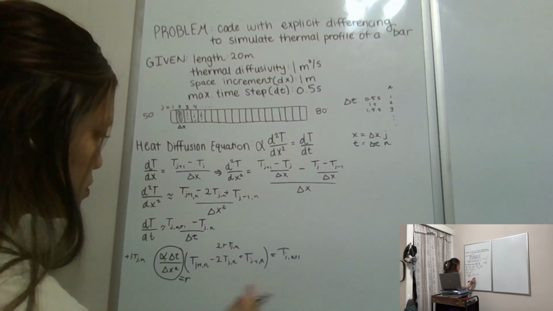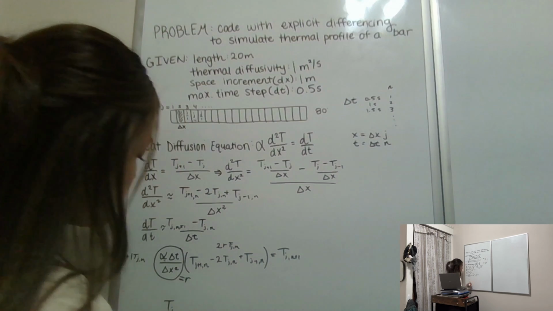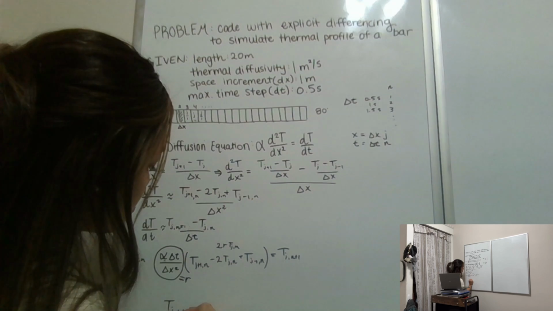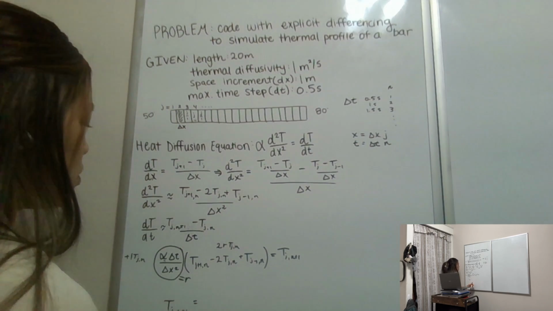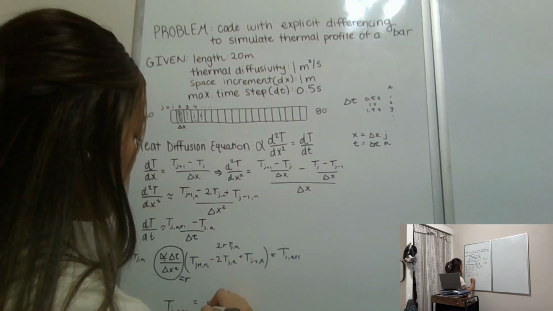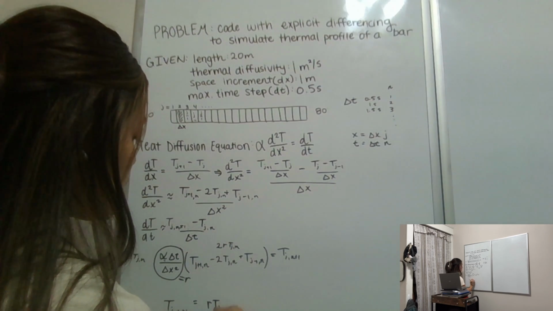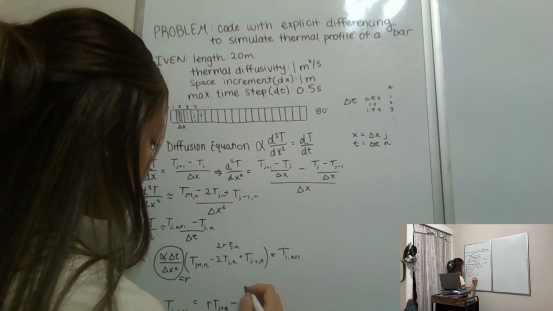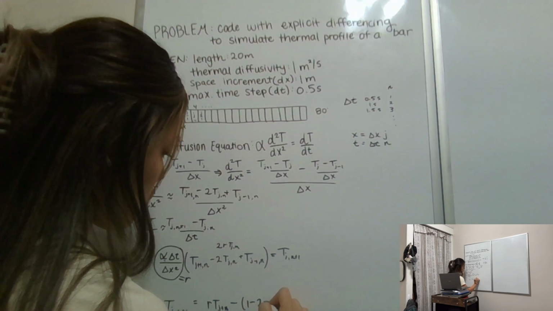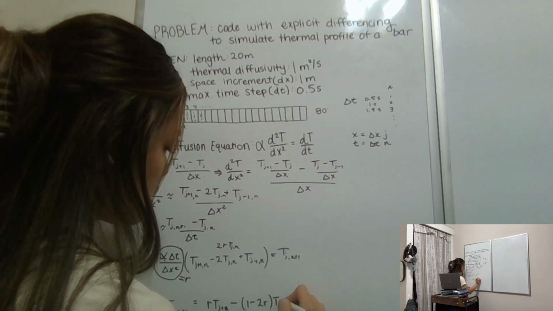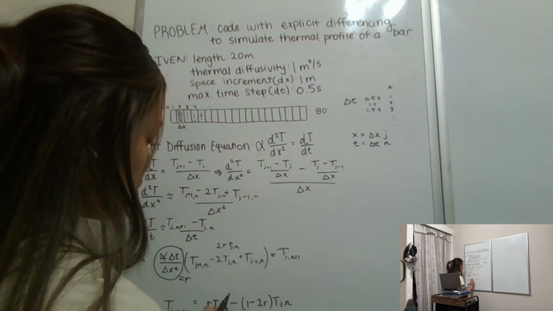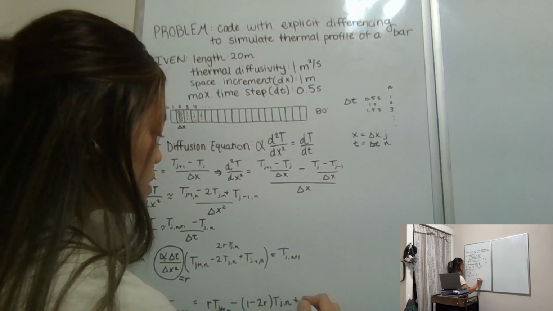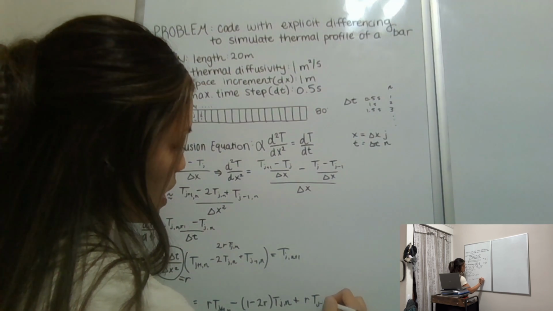So when we're simplifying this, we have that the temperature at the increment J for position and the time N plus 1 increment is equal to, we'll have R T J plus 1N minus 1 minus 2R TJN, this should be TJ plus 1N, and then plus R TJ minus 1N.